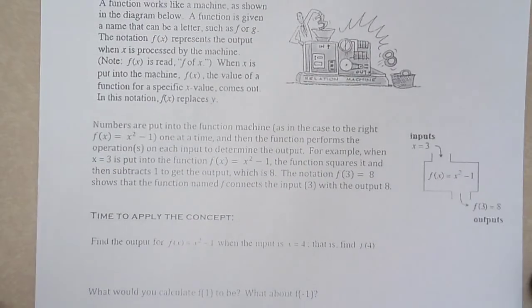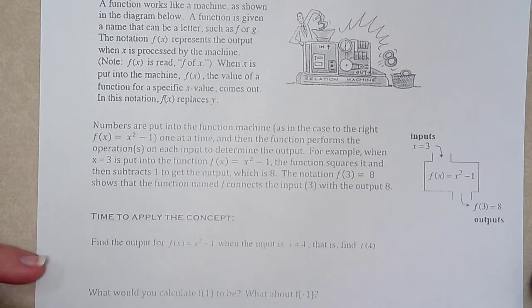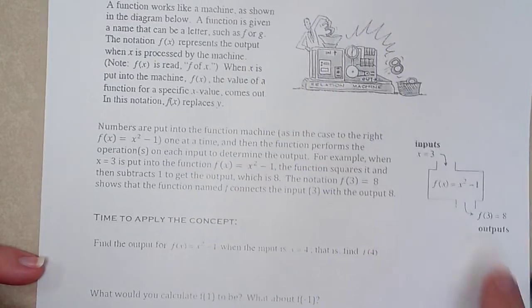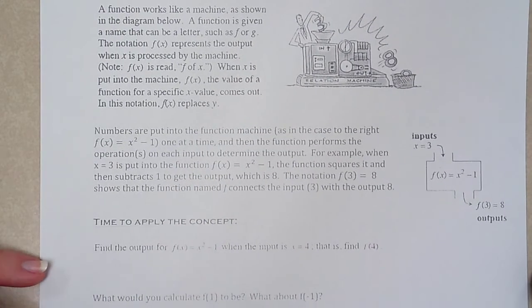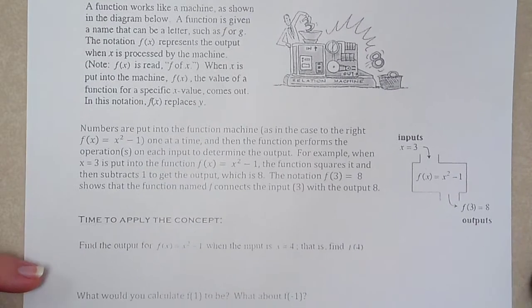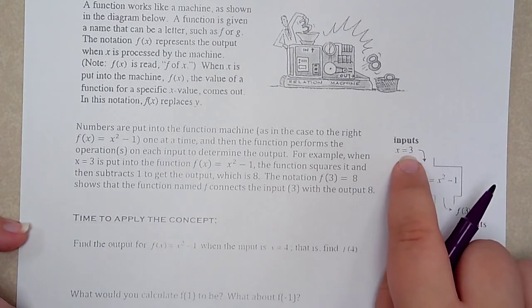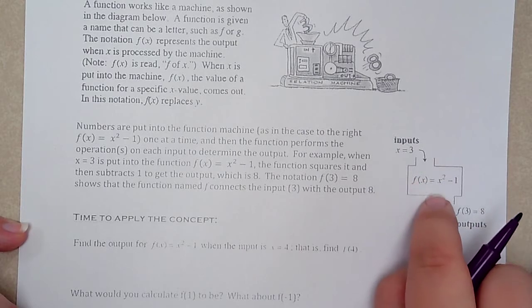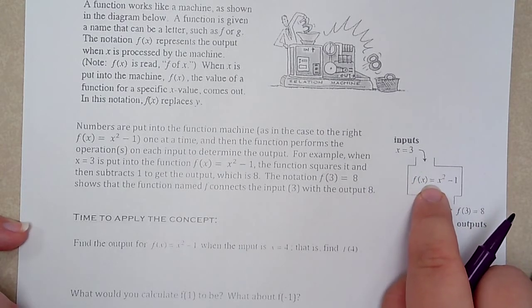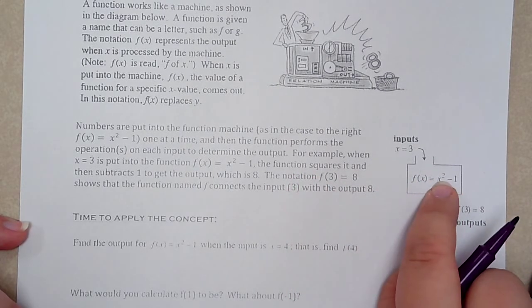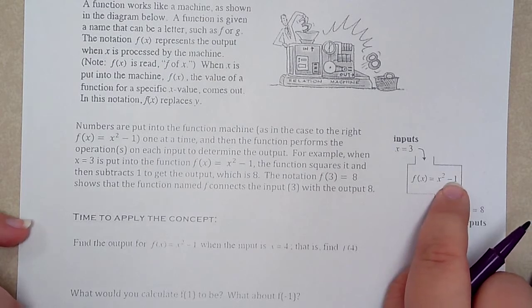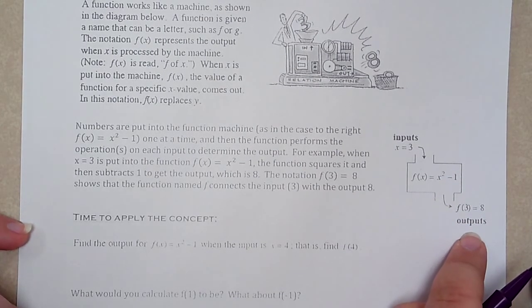So, numbers are put into the function machine, as is the case to the right, for f of x equals x squared minus 1, one at a time, and then the function performs the operation on each input to determine the output. For example, when x equals 3 is put into this function specifically, the function squares it and then subtracts 1 to get the output, which is 8.